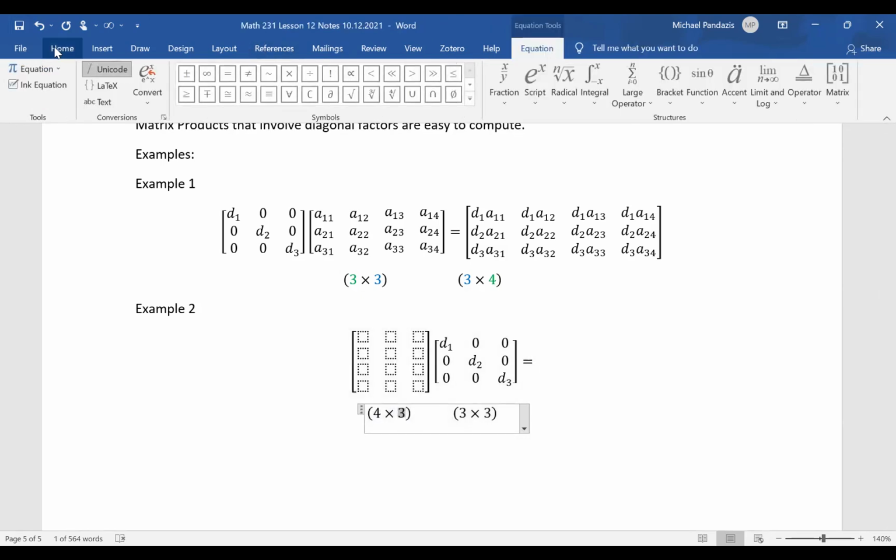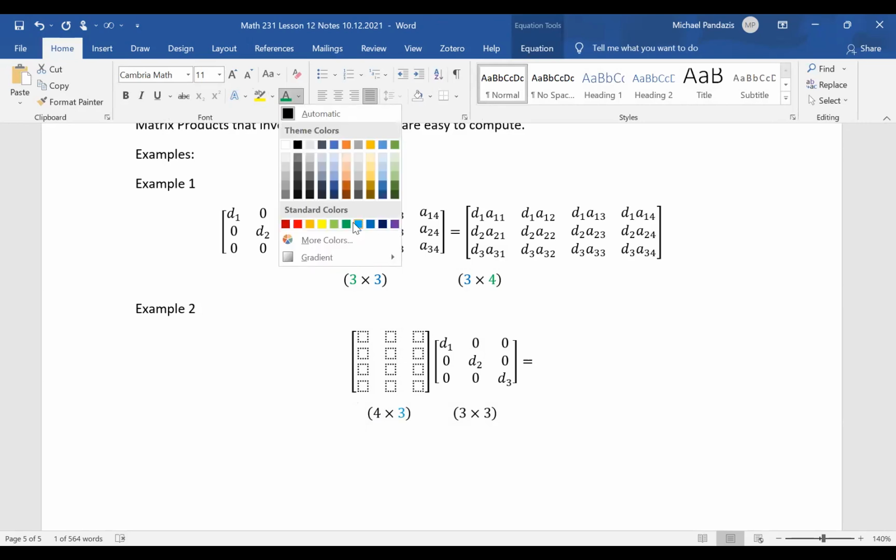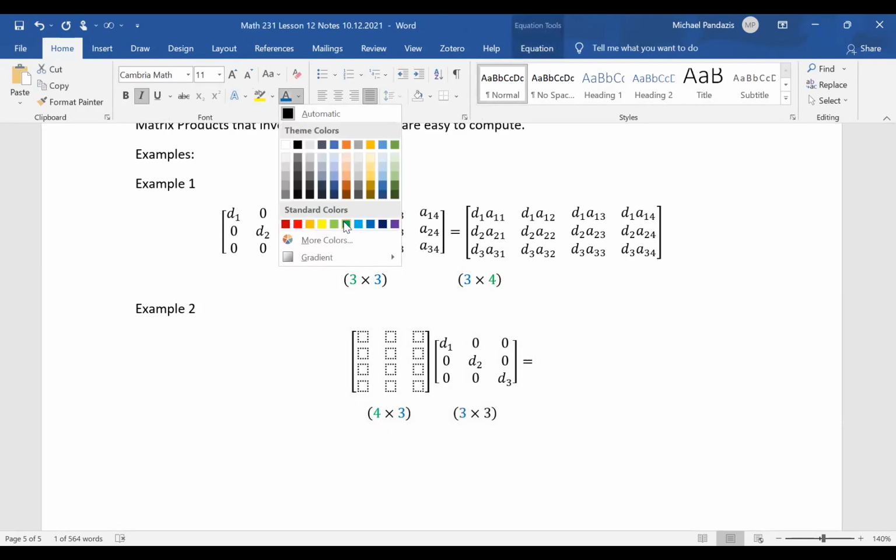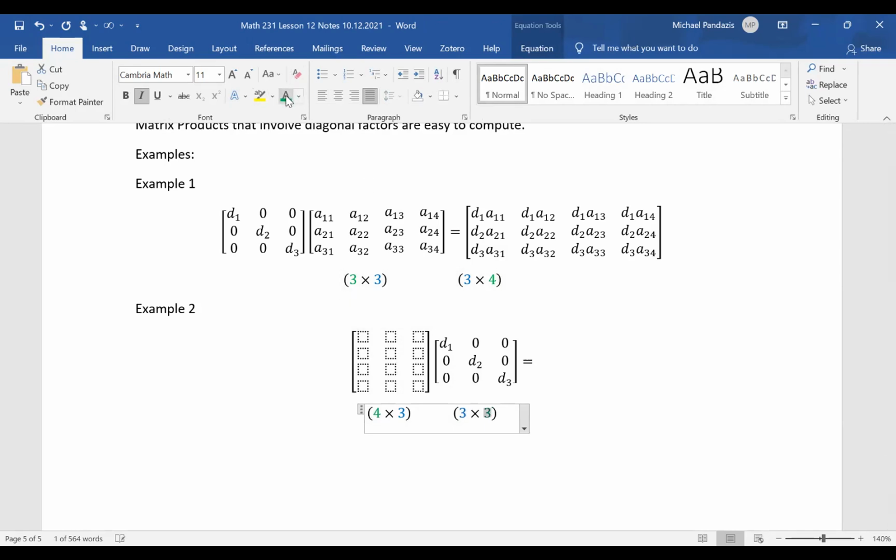The two inside entries are the same, which means you can multiply them, and the outside entries determine the size of the resulting matrix. So your resulting matrix is a 4 by 3 one.